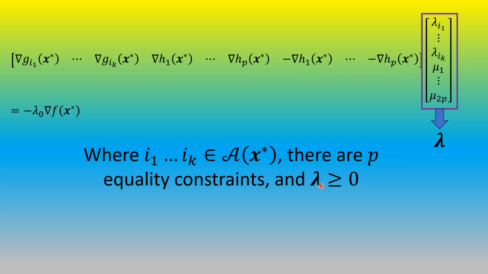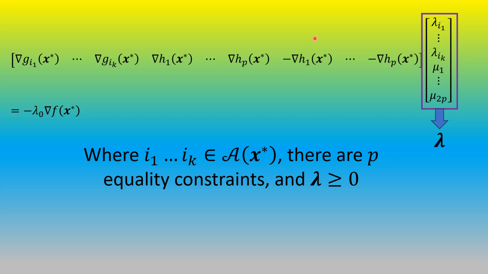So you'll notice that we have the positive and negative equality constraints, because we converted them to inequality constraints, but together they form a set of p equality constraints, which is equivalent to 2 times p inequality constraints.